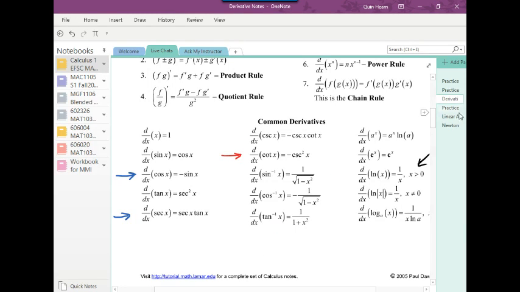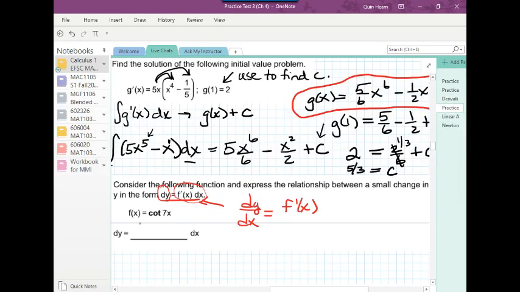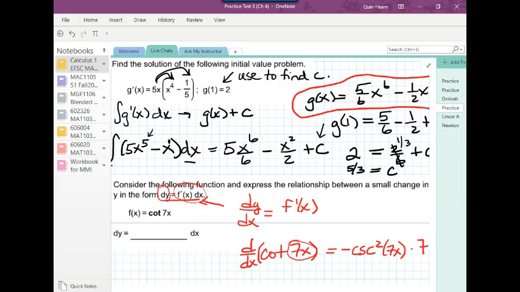Okay. Next, let's look at, I wanted to show you this question because I think people might overcomplicate it. It says, consider the following function and express the relationship between a small change in x and the corresponding change in y in the form dy equals f prime of x dx. Okay, so really what are they asking you to do here? They're asking you to fill in the blank with f prime of x, that's it.